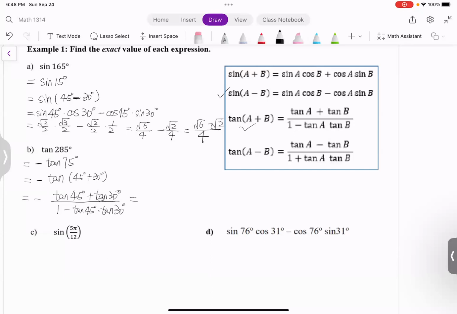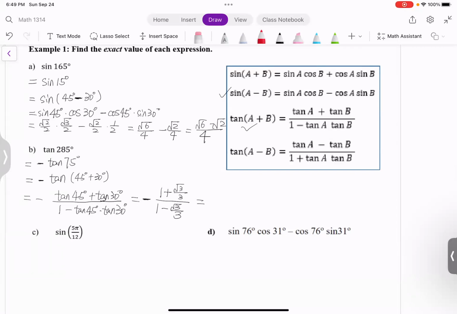Let's plug in the values. Don't forget to have a negative sign in front. We have 1 plus square root of 3 over 3 and 1 minus square root of 3 over 3. All right, the top and bottom both have a fraction, and the 3 is in the denominator. So we have 3 here, we have 3 here.